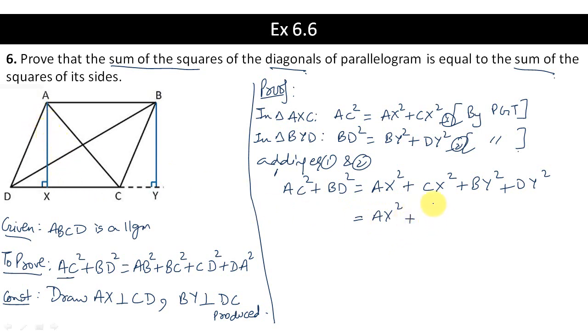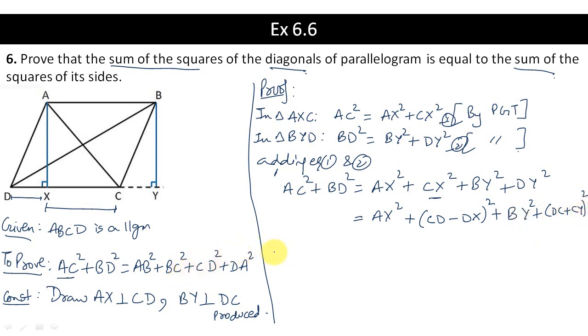CX can be written as CD minus DX. If we subtract DX from CD, we'll get CX. So I'll write CX as CD minus DX whole square, plus BY square will remain same. In place of DY, I can write DC plus CY. So this will be DC plus CY whole square.